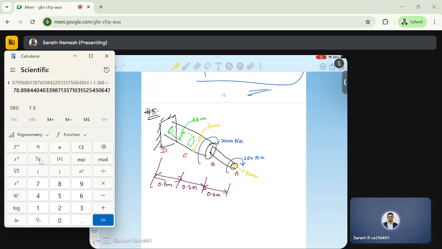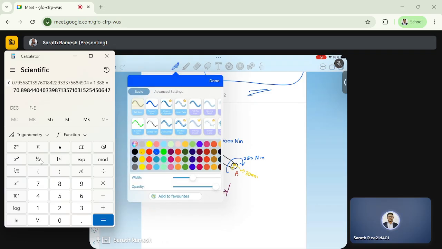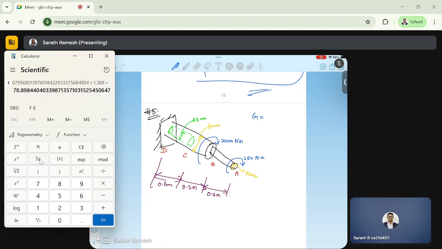Now, what we need to do, we need to find the material. By the way, the material property is given as 77 gigapascal. Okay, we need to find the angle of twist at A. Right, angle of twist at A. Okay, this is what we need to find.